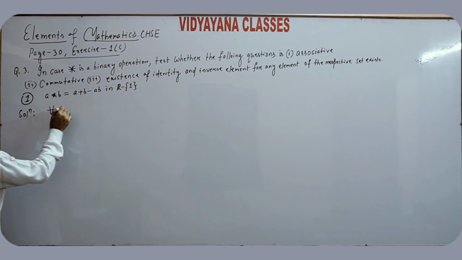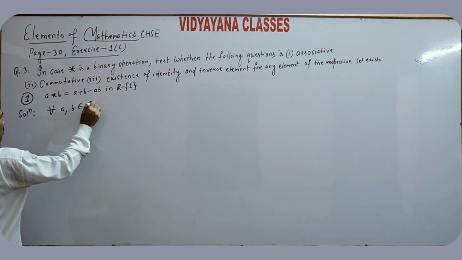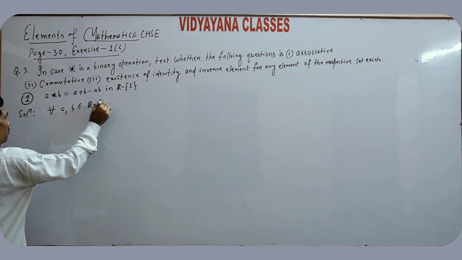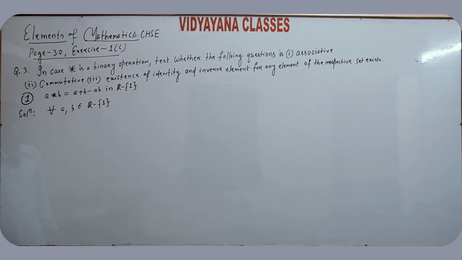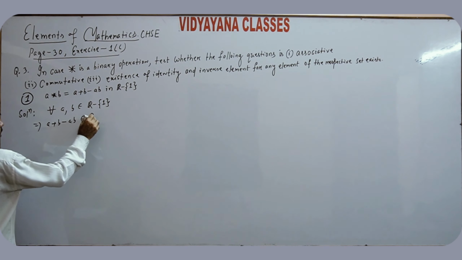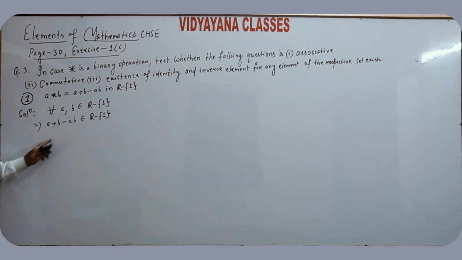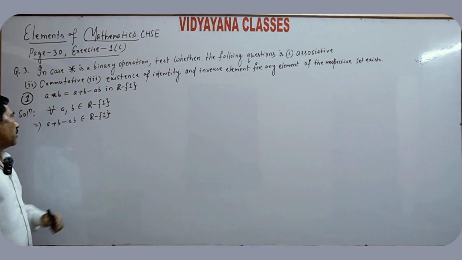For all A and B belongs to the set of real numbers minus the set of 1, that means the set of all real numbers without 1, A plus B minus AB belongs to R minus set of 1. It is true for any real number without 1.